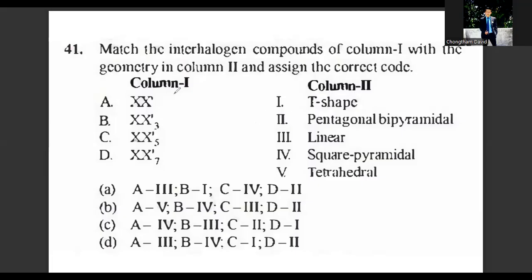So this XF would be linear, and this XF3 would be T shape. XF5 would be square pyramidal. XF7 would be pentagonal bipyramidal. So option A. You see, sometimes questions are going to be very similar with bonding.